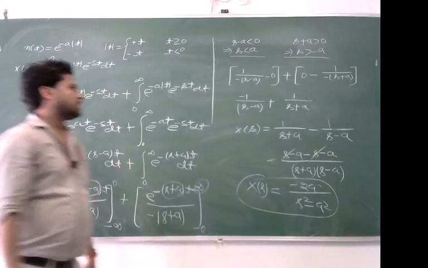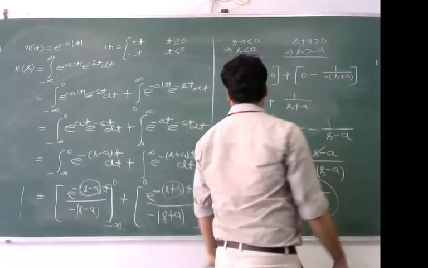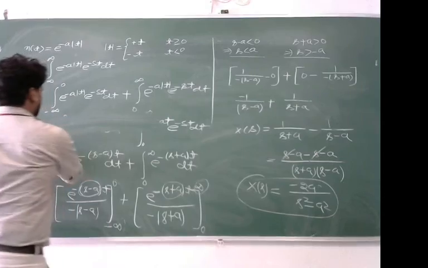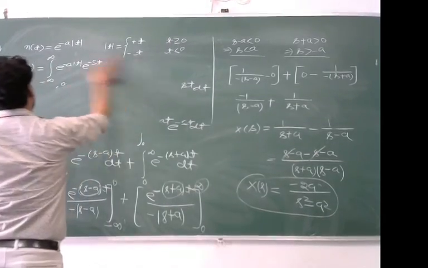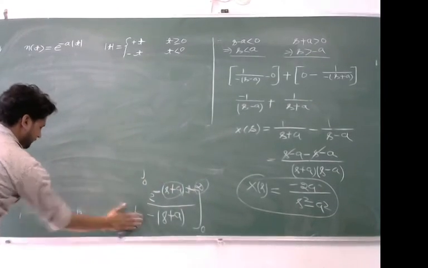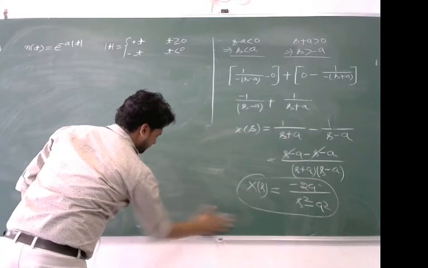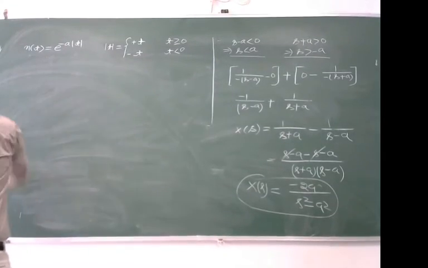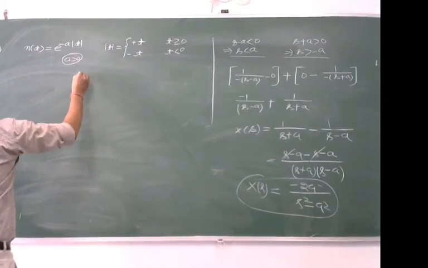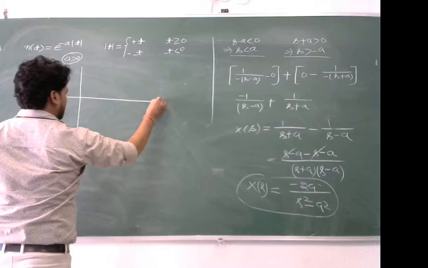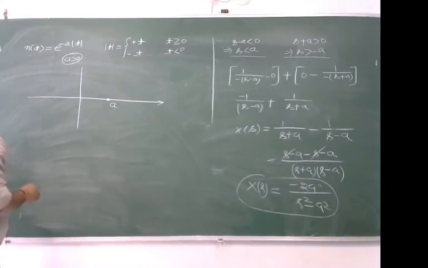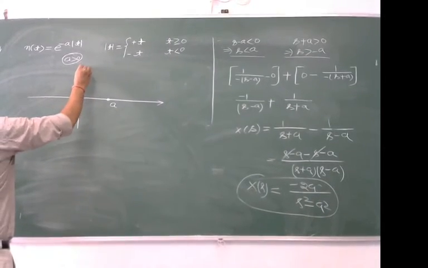Also, the first condition says that s should be less than a. Suppose a is a positive value, suppose a is greater than 0, then a will lie somewhere on the right side of the s plane j omega axis.